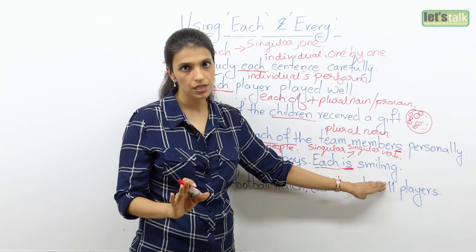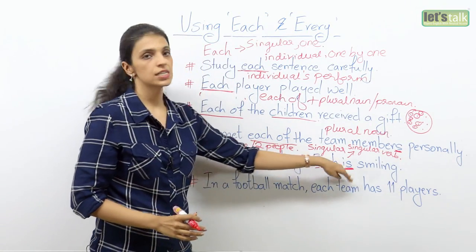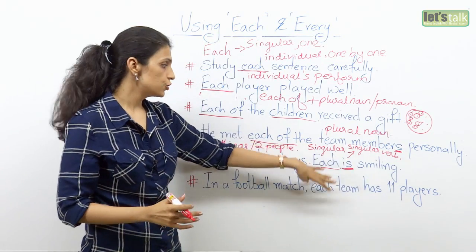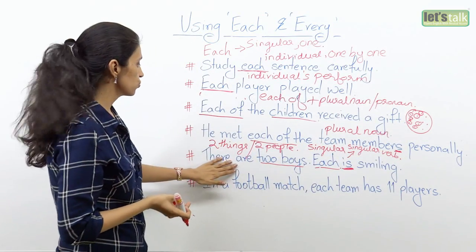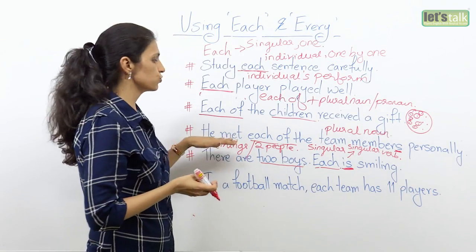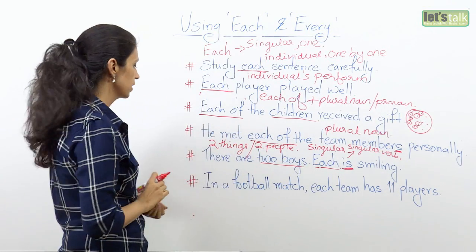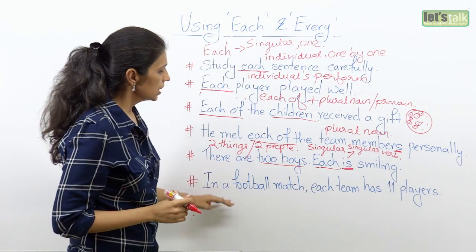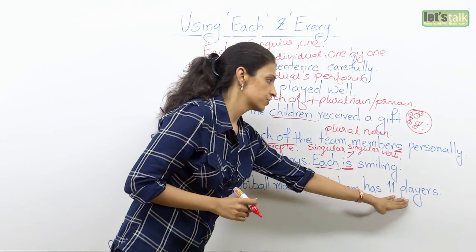Well, that is not the case, though we are talking about two boys, okay, but each is smiling. Okay, you can say each of them is smiling. So remember, we use each to talk about two things or maximum two people, but two. Well, in the next example, in a football match, each team has 11 players.